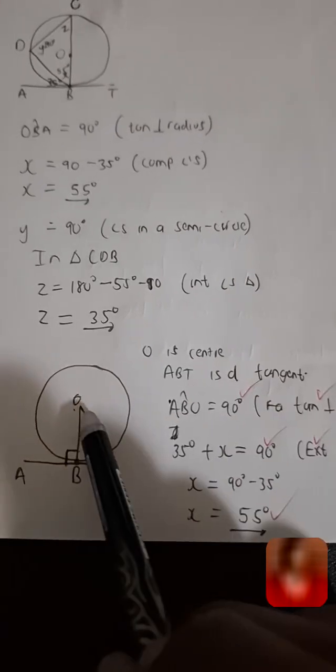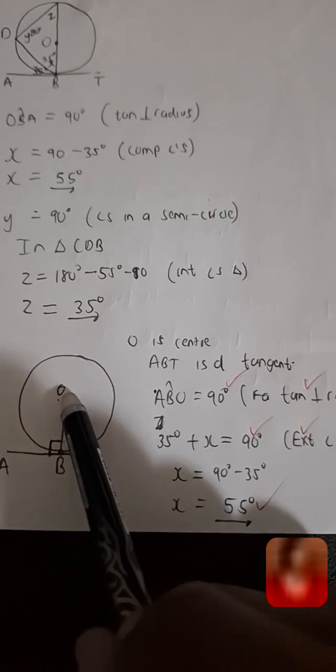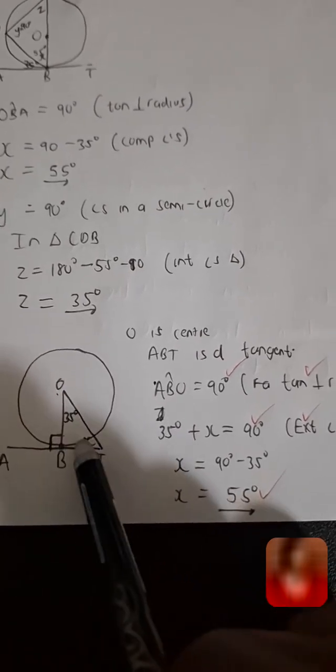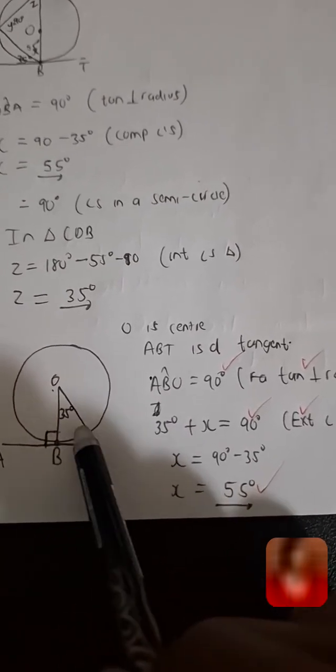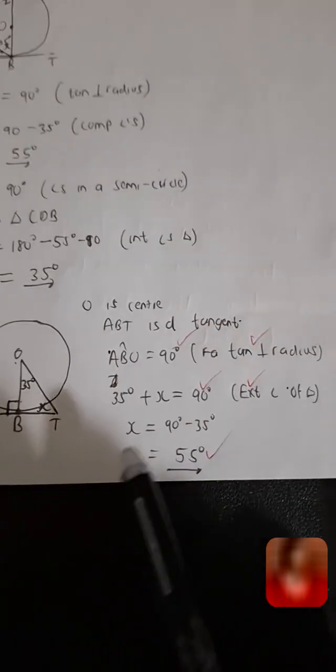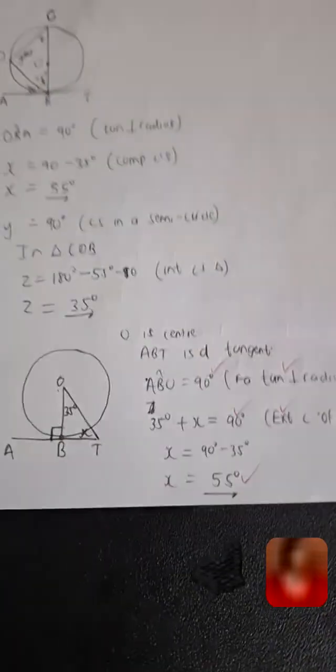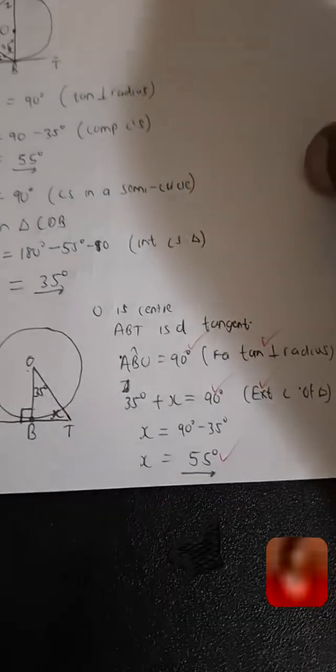Then we used interior angles of a triangle, the sum of angles in a triangle, instead of using exterior. But I love the way you approached it. It's also 100% correct. Thank you so much, Mankosi.